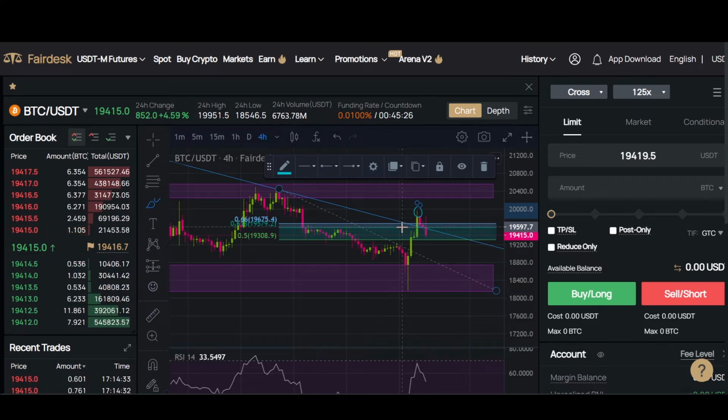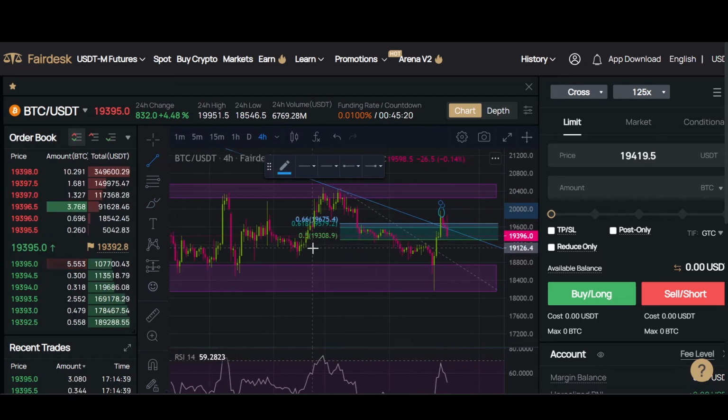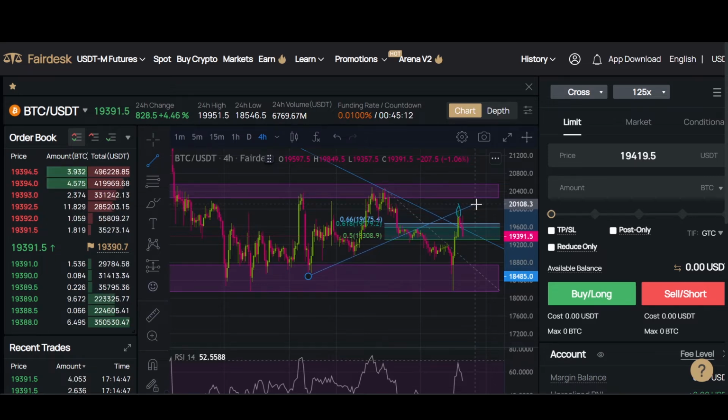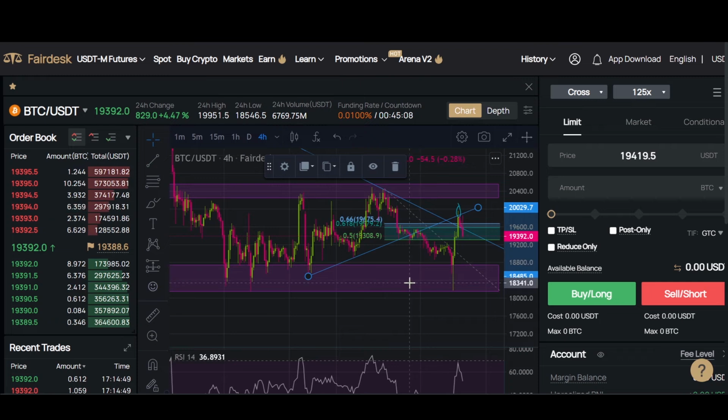I'm going to draw here the local upside trend line of these past few weeks. This time, I extended it and voila, price retested the trend line and got rejected.